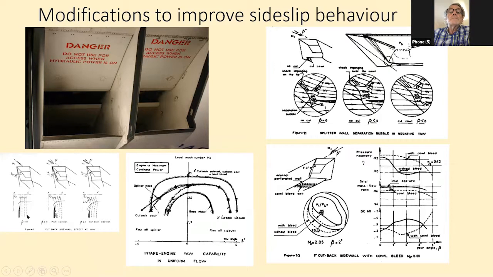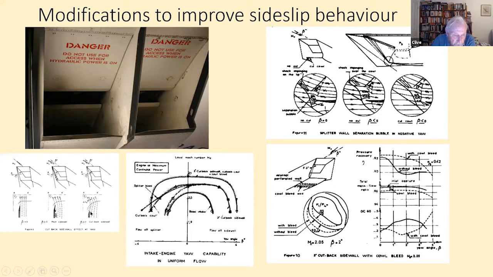If you come down to this one, you see that in normal conditions the flow is straight up and down alongside here. But if you get flow off the sidewall, that in this case is coming off on this side, then the flow can produce a little separation around the lip there, and that can actually spread across. We found that if you cut back the sidewall in this shape, then that allowed the shock wave to change a little bit, and it allowed a little curvature of flow.